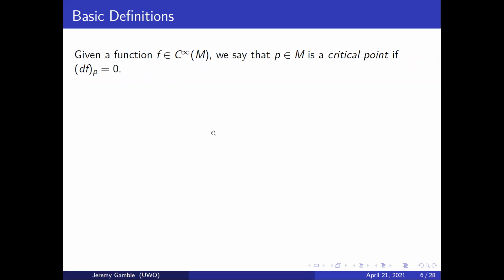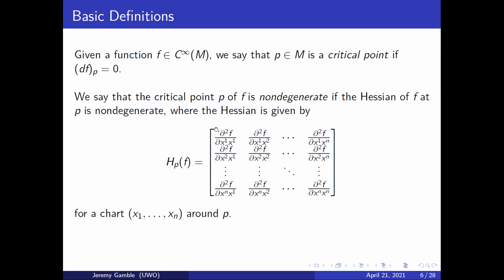So let's talk about this a little more rigorously now. A critical point of a Morse function is when the derivative is 0, as I was saying before. And we say a critical point is degenerate or non-degenerate if its Hessian is an invertible matrix at that critical point. You can calculate all this stuff in charts, and because chart transition maps are diffeomorphisms and the chain rule and stuff like that, this all turns out to be coordinate independent definitions.